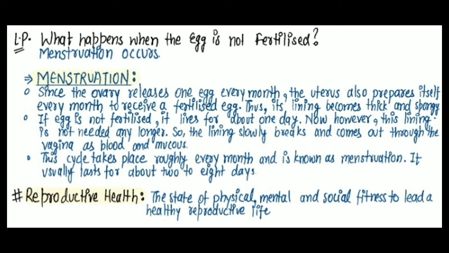Now this lining is not needed any longer, so the lining slowly breaks and comes out through the vagina as blood and mucus. The cycle takes roughly a month and is known as menstruation. It usually lasts for about 2 to 8 days.